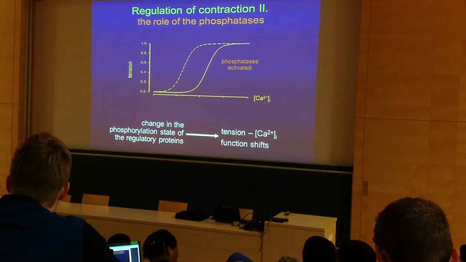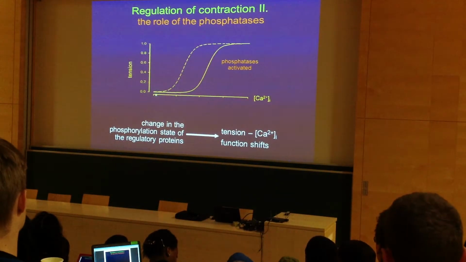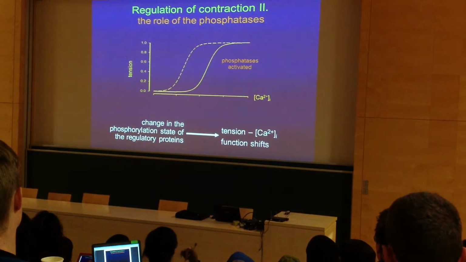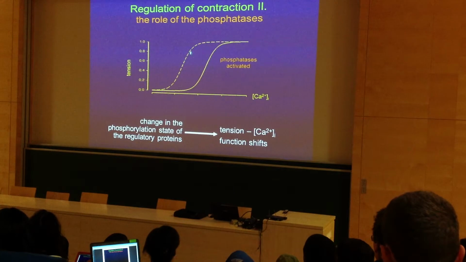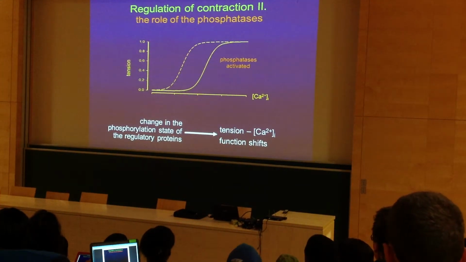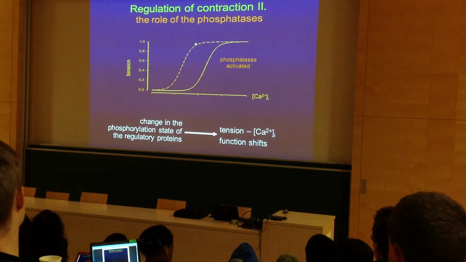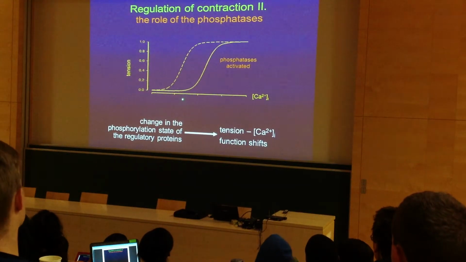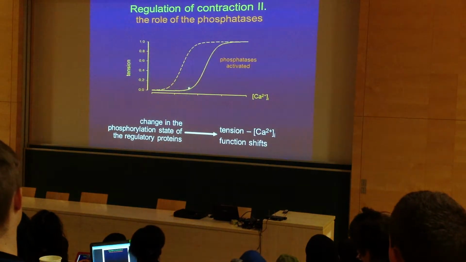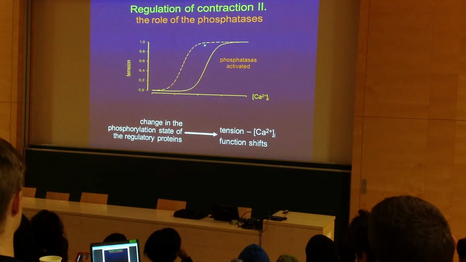If the phosphatases are not activated, going from this calcium concentration to this calcium concentration, it will contract. However, if at this point calcium doesn't change, but something activates phosphatases, the smooth muscle cell will relax. Stop phosphatase activity, no change in calcium, the system will contract.